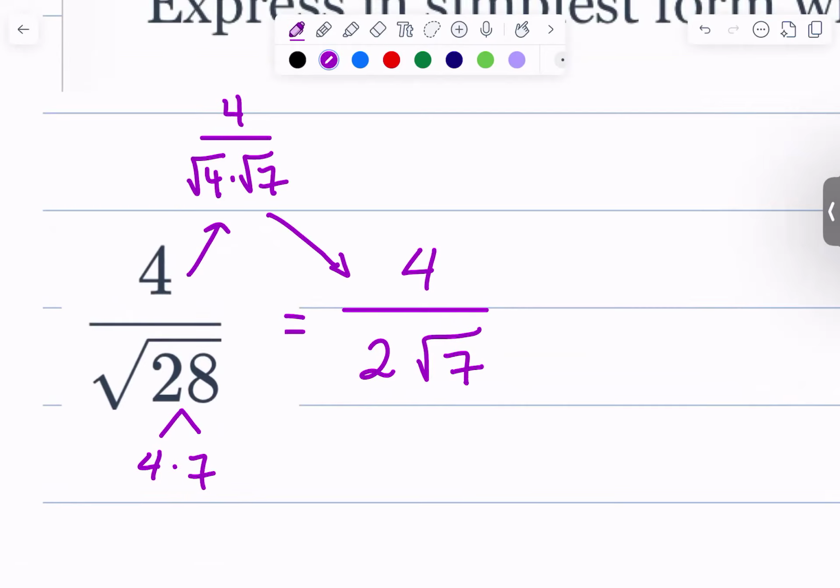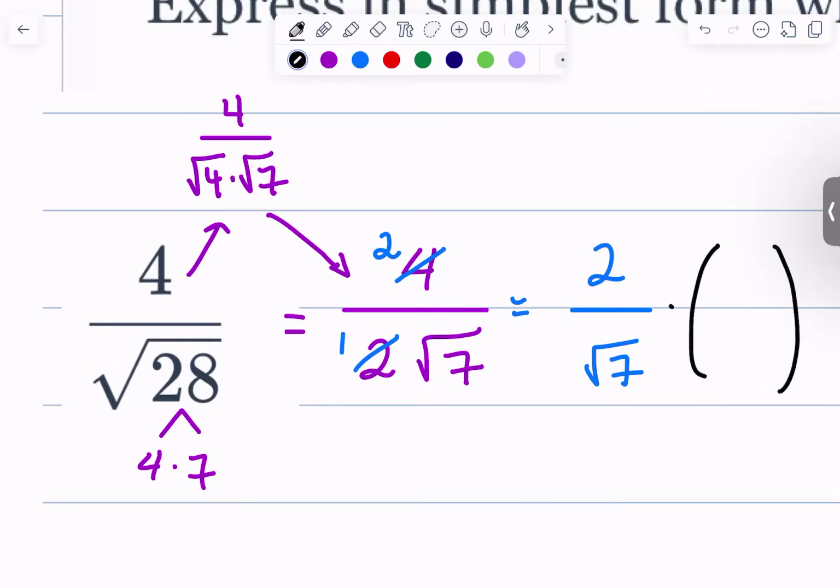But now if you look at this, the 4, the 2 and the 4 cancel out, make 1 and 2. So this would be 2 divided by square root of 7, right? Now what do I need to multiply here by to cancel out the square root in my denominator? Square root of 7. So I'm going to multiply this by square root of 7 over square root of 7, right?